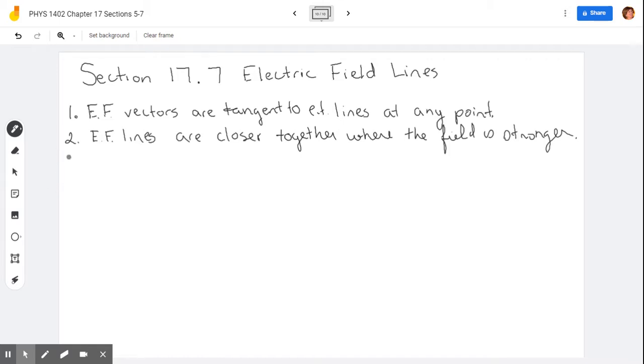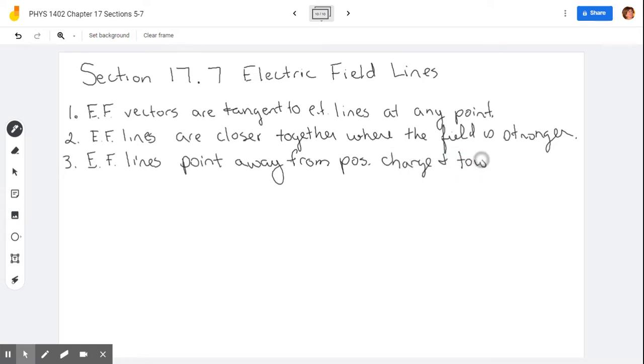And finally, electric field lines point away from positive charge and toward negative charge.